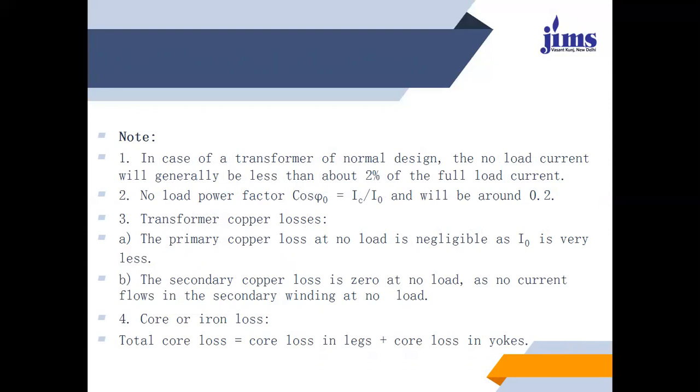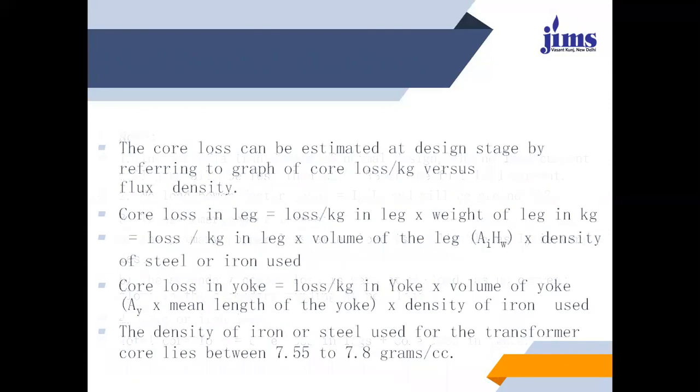Transformer copper losses: the primary copper loss at no load is negligible as I0 is very small. The secondary copper loss is 0 at no load, as no current flows in the secondary winding at no load. Similarly, for the core or iron loss, the total core loss equals core loss in limbs plus core loss in yokes.